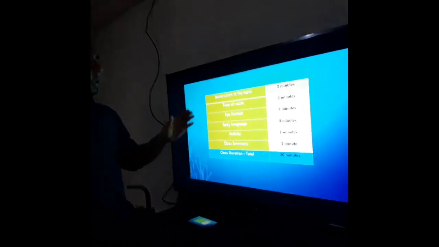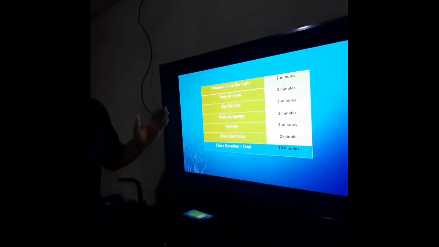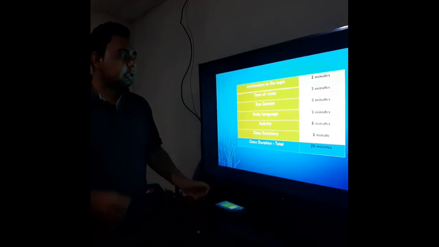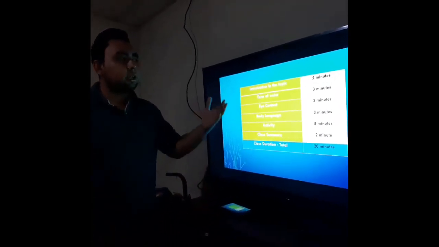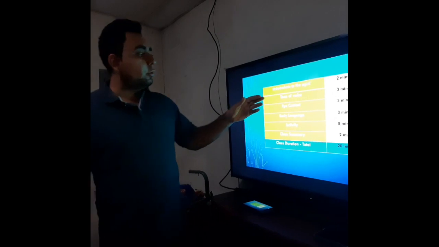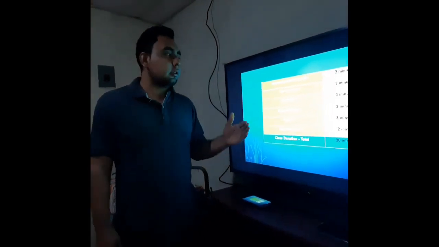Let's move on into the class structure. Here we have like the action plan for our class today, and we have the introduction to the topic. We will review the following topics as well. Since this is based on the speaking skill, we know that speaking is used to communicate with other people, to express ideas, to express beliefs, and also to express any way of thinking related to a topic.